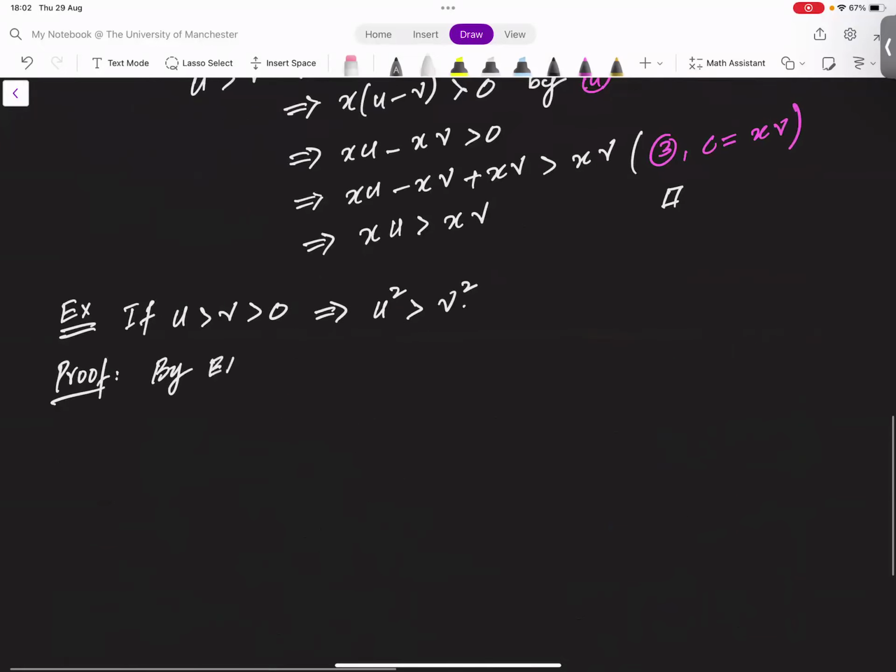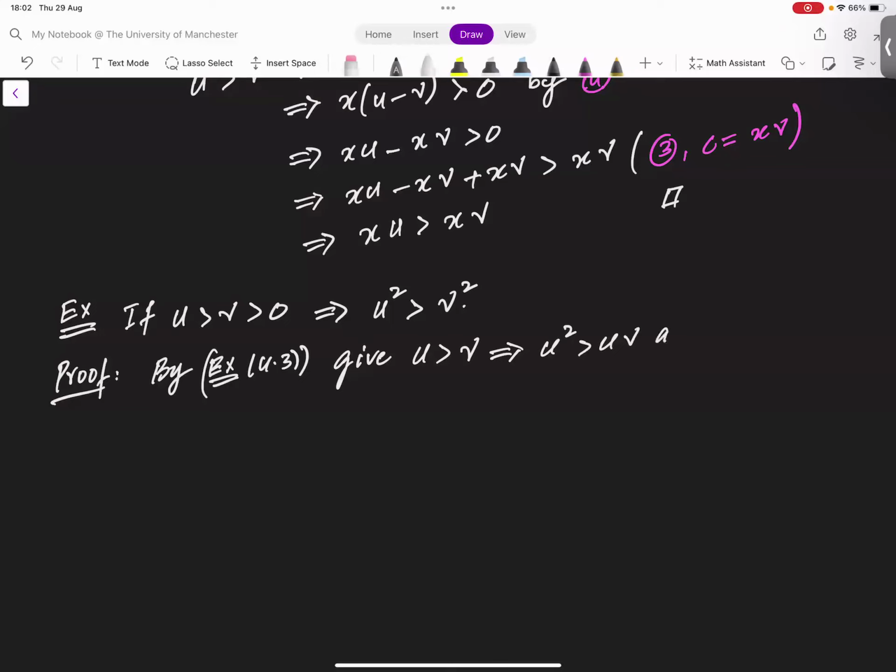By example 4.3, given u is greater than v, then u square is greater than uv, and u is greater than v, then uv is greater than v square.